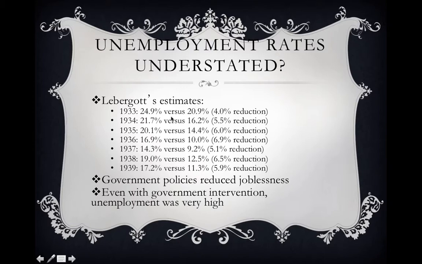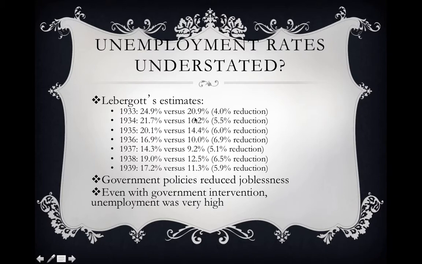And he comes up with slightly higher estimates of the unemployment rate. For example, if you take a look, his numbers are much higher. All right. 24.9% in 33 versus 20.9, 21.7% in 34 versus 16.2.